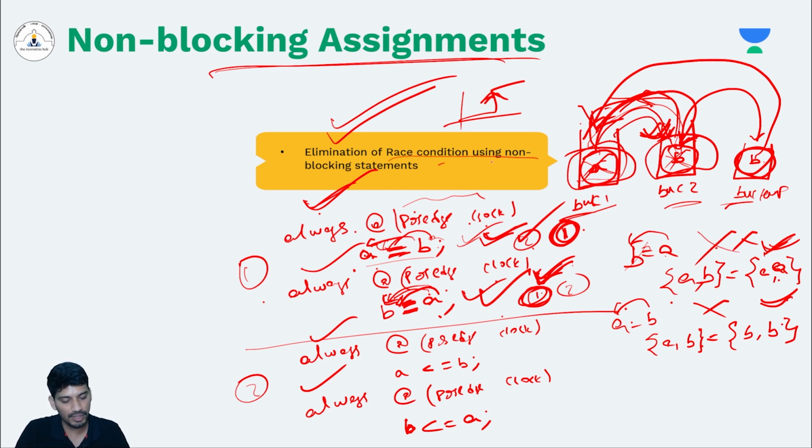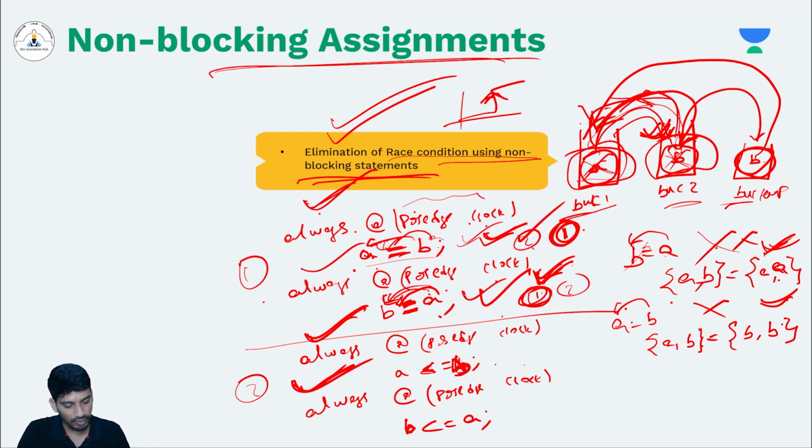This we don't want. How can we eliminate the race condition? We can eliminate it by using non-blocking statements like this. Now let's see what happens inside the non-blocking statement. Inside the non-blocking statements also, both of them will execute at time t equals 0. But the nature of the non-blocking statement is that it will first read the data.